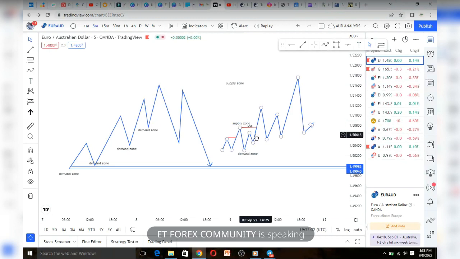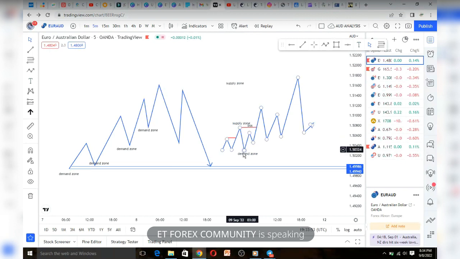So the question you will ask yourself is, which demand zone broke this supply zone? And if you agree with me, it is this one. This is the demand zone that broke the supply zone.